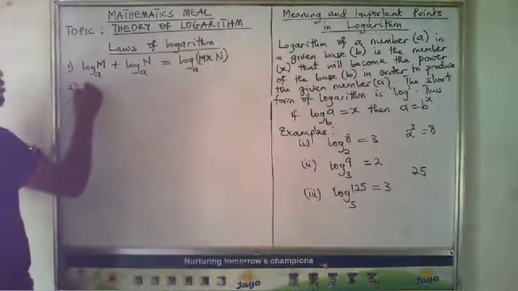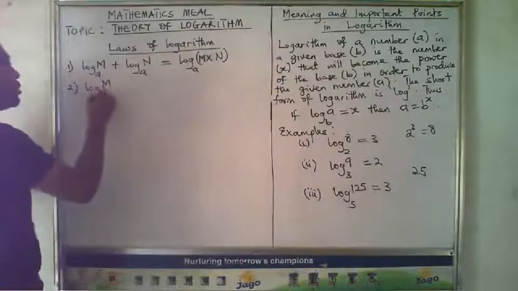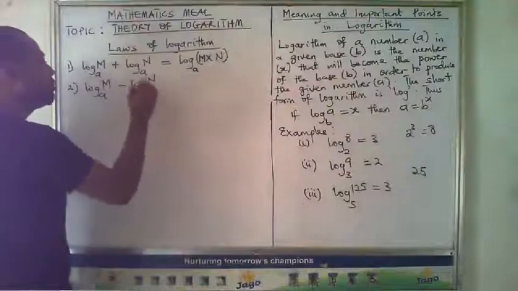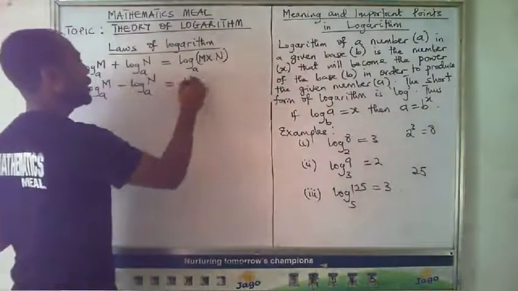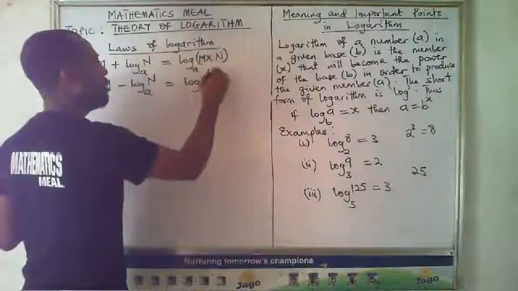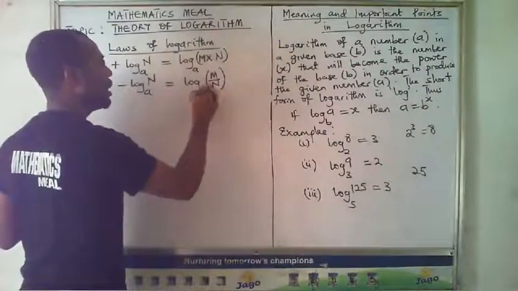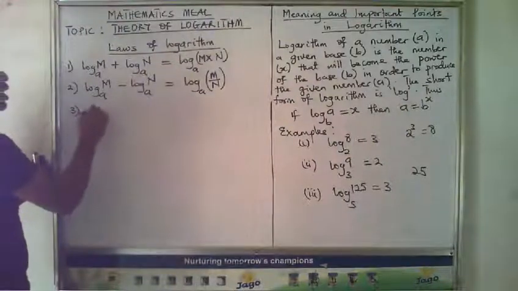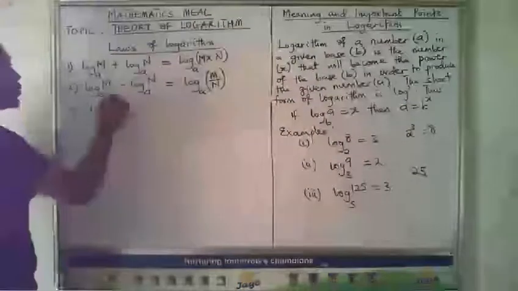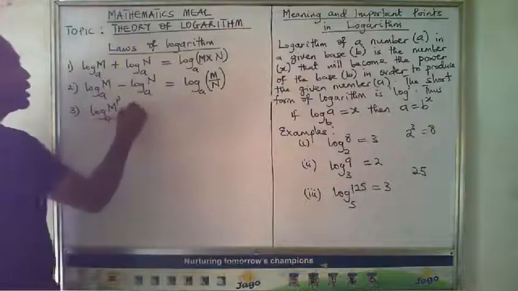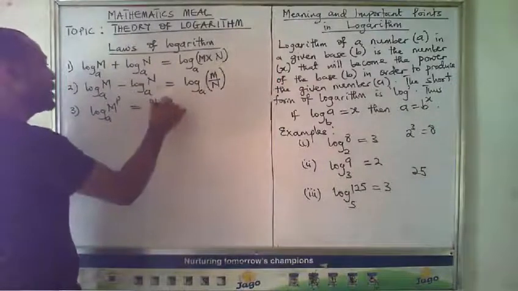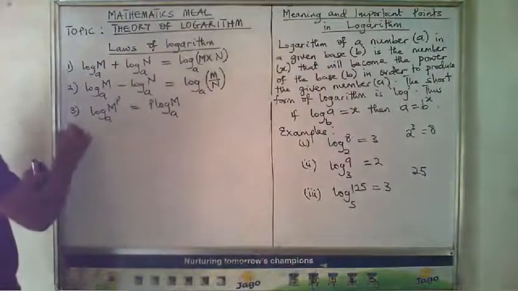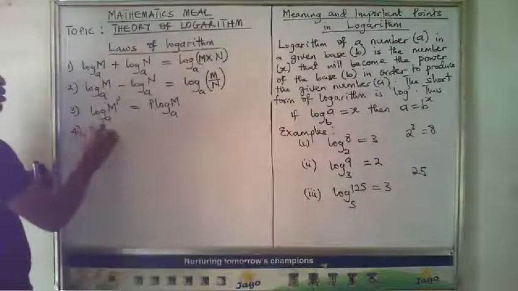If I also have log m in base a minus log n in base a, it is the same thing as saying log of m divided by n in base a. Then, if I have log of m raised to power p in base a, it is the same thing as saying p log m in base a.